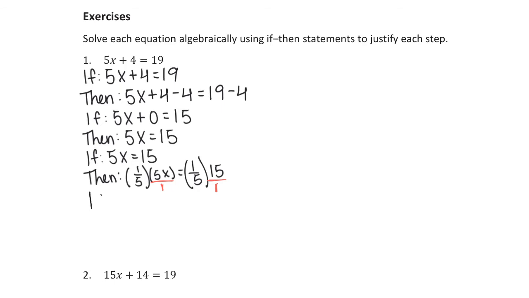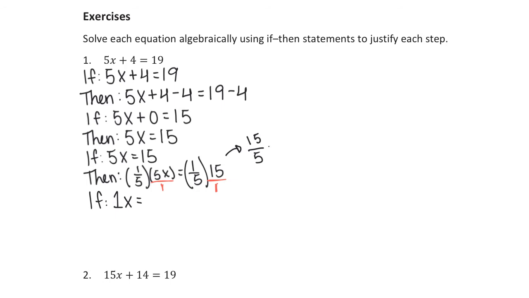So if I have 1x equals, now I need to multiply my other side. I have 1 times 15, which is going to give me 15 as my numerator, over 5 times 1, which is 5, as my denominator.